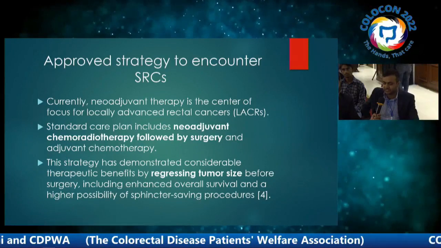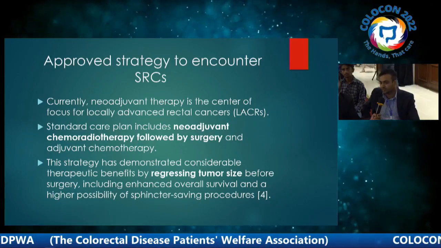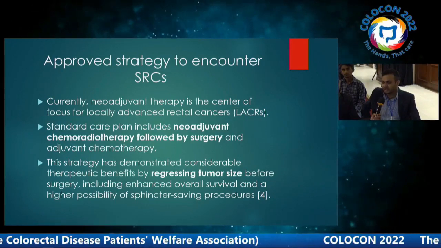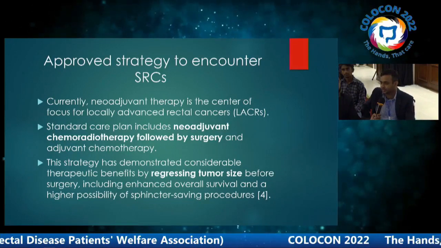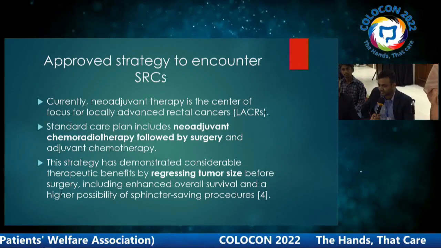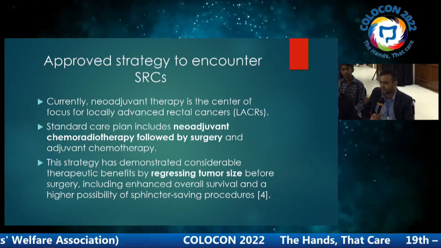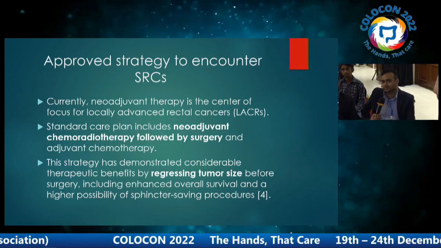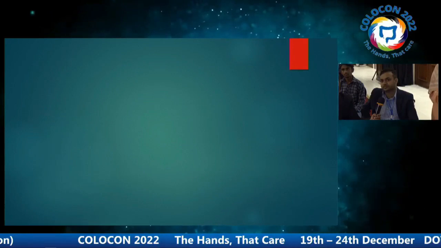So the strategy is initially, if the tumor is obstructing, we do a diverting stoma and then do the neoadjuvant chemotherapy to shrink the tumor size, to perform the sphincter saving surgery or definitive surgery, and after that, if feasible, adjuvant therapy and reversal of the stoma.